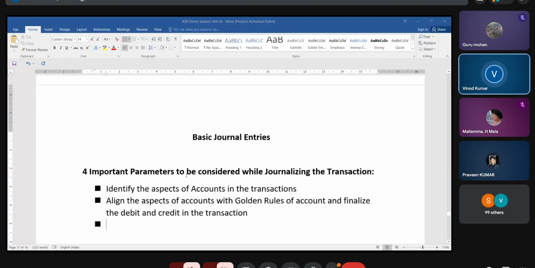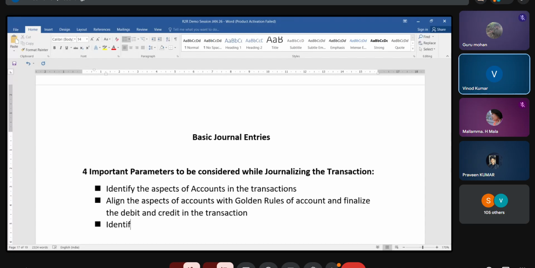Okay. So once we identify the aspects of accounts, the important thing is to identify the golden rules of accounts and align with that golden rule. The next important parameter is to identify whether the transaction is a cash transaction or a credit transaction.